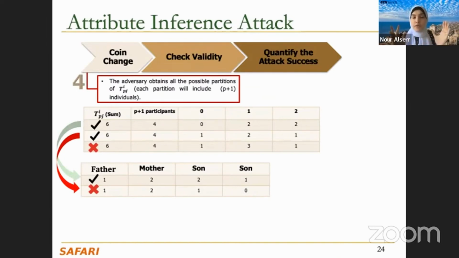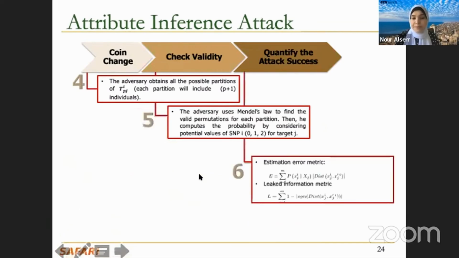Then, for more family members and more permutations and partitions, he will calculate the probabilities, and then he will try to find the genomic value, or the record, for that SNP for the vector. After that, again, as I mentioned, he will use Mendel's law. And to quantify the success of the attack, we compare the value the adversary can infer with the correct, original value we have.